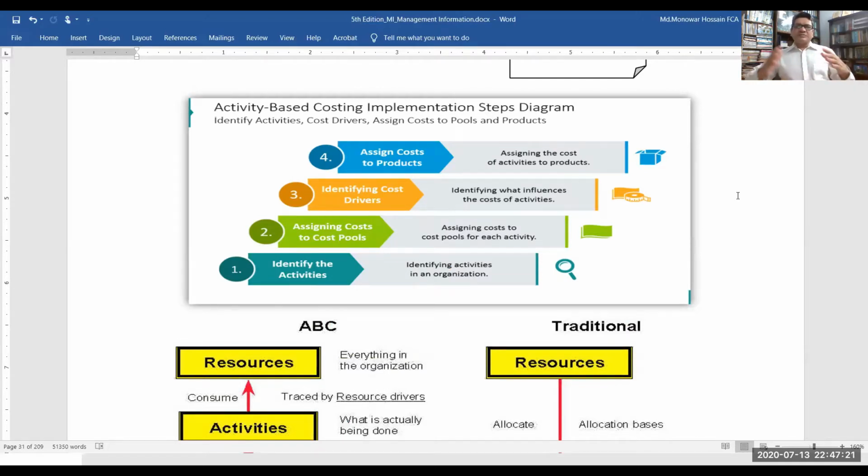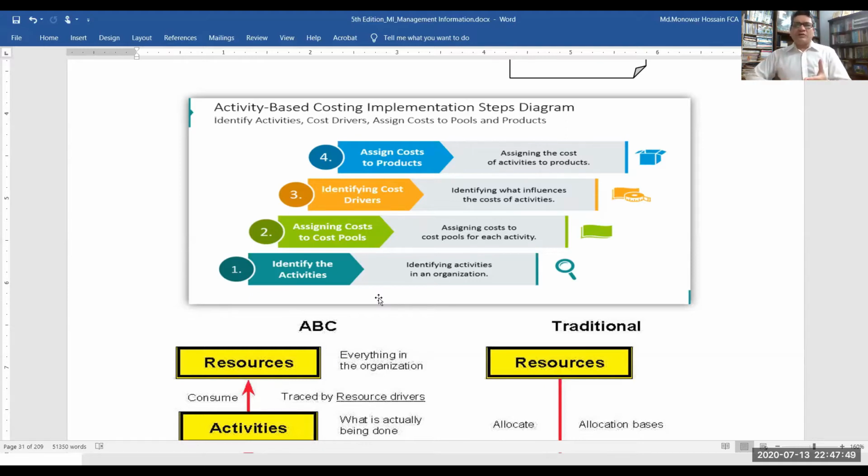Based on activity-based costing, these are the stages of implementation. If we see this diagram, number one, identify the activities in an organization and assign cost to cost pools. That means assigning cost to a cost pool for each activity, and then identifying cost drivers, identifying what influences the cost of the activities.